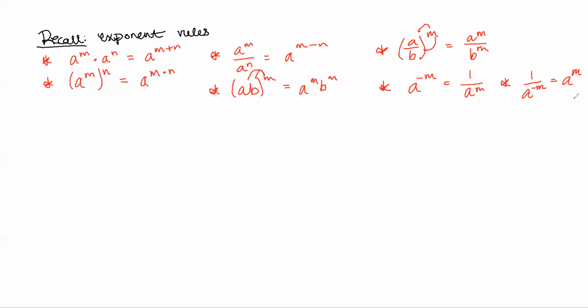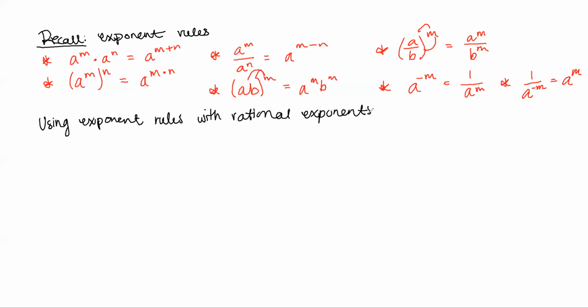All right, so now we're going to use the exponent rules with rational exponents. And so using these exponent rules with rational exponents, so when you have fractions as your exponents, it's the exact same thing, but we're going to be using fractions instead of whole numbers.